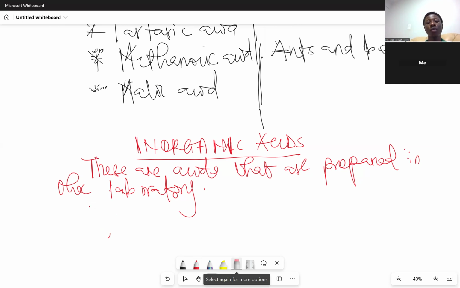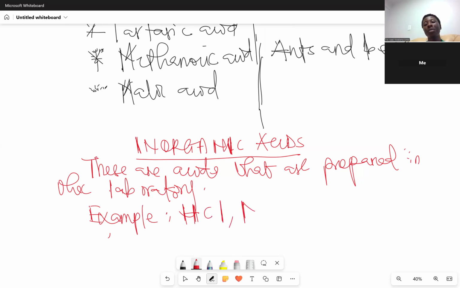Examples of inorganic acids: we have HCl. Now you know their names, so I'll just write them. HCl is prepared in the lab. H2SO4 is also prepared in a lab.